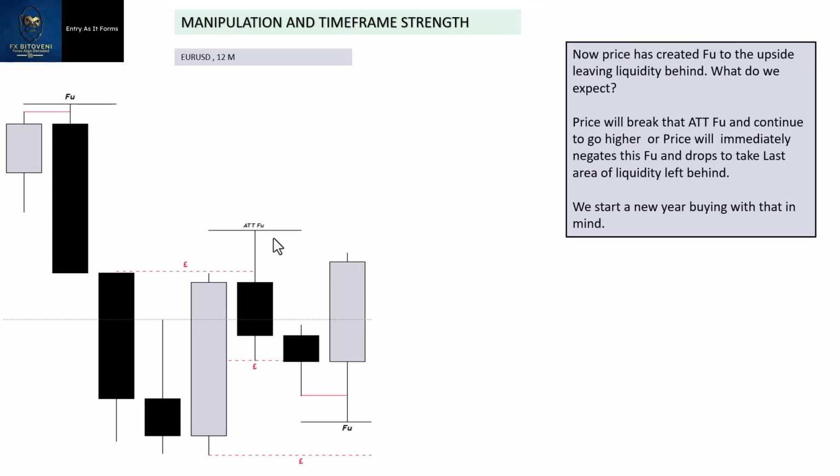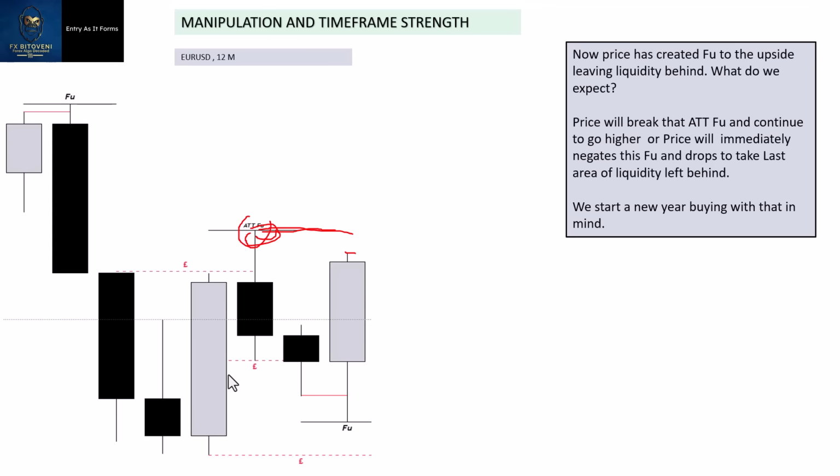Price will either break this high, meaning if this anti-FU holds, there is no other room left. And if this is strong, then this must be negated. If this is not negated, there is no trade.